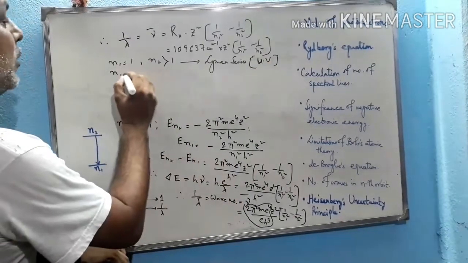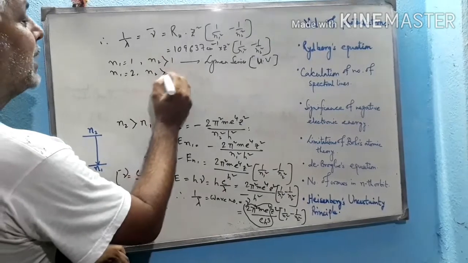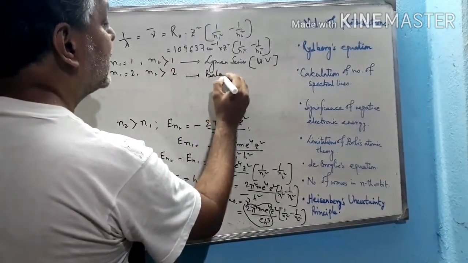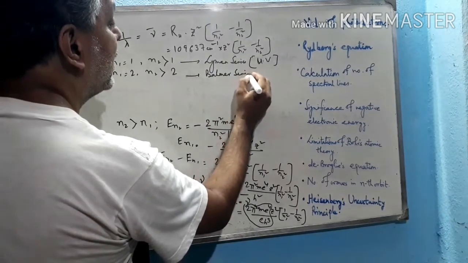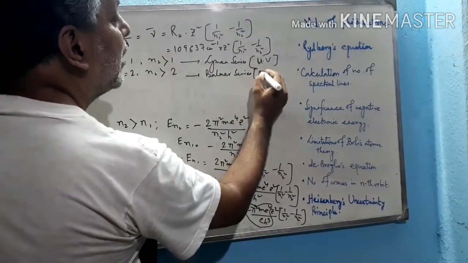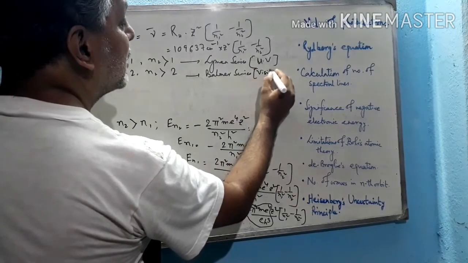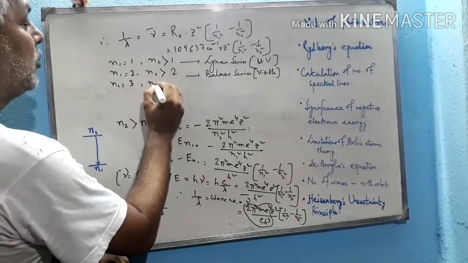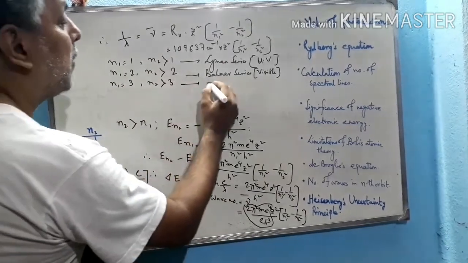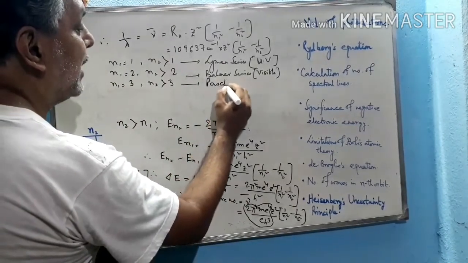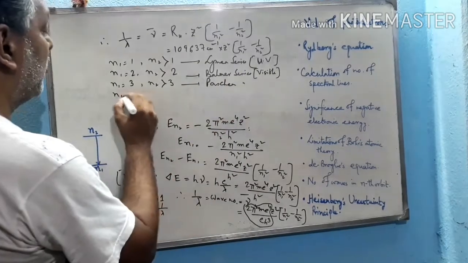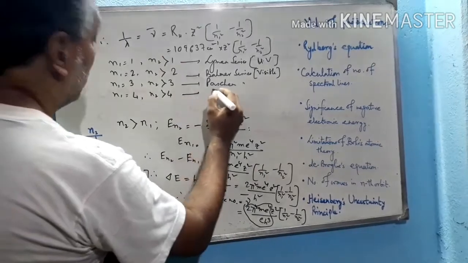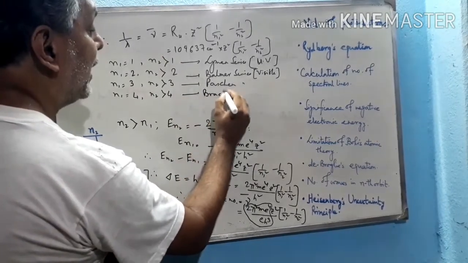But when n1 equals 2 and n2 is greater than 2, it is the Balmer series. Only in this series the wavelength lies in the visible region. When n1 equals 3 and n2 is greater than 3, it is the Paschen series. n1 equal to 4, n2 greater than 4, is the Brackett series.